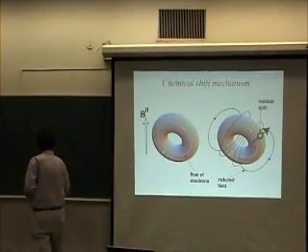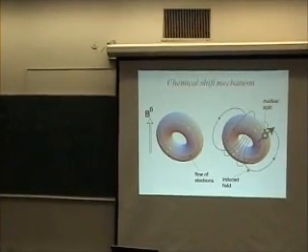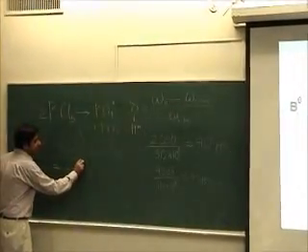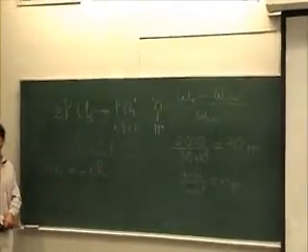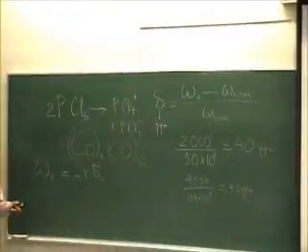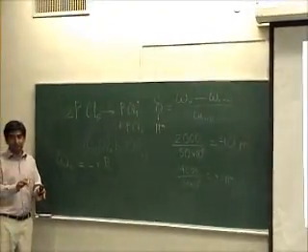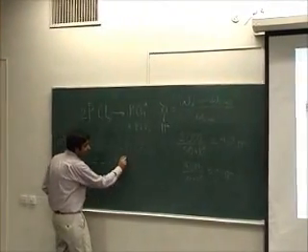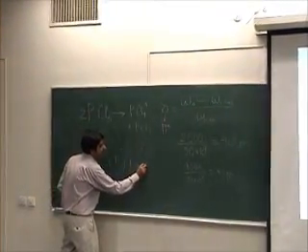So if you have no chemical shift mechanism, omega naught is minus gamma B naught. But if you include the effect of chemical shift, or the environment of the nucleus inside the molecule, you have to add a correction term, say 1 plus delta.